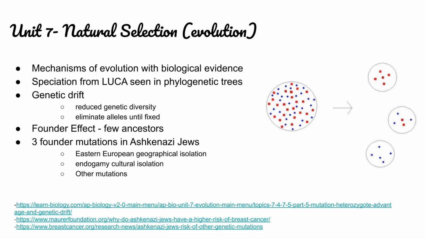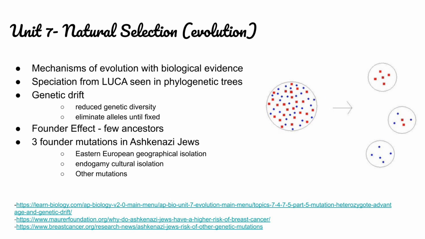There are 3 founder mutations in Ashkenazi Jews that are in the BRCA 1 and 2 alleles. And Ashkenazi Jews are Eastern European Jews who were more geographically isolated, and they also had endogamy, which means they married within themselves, and that's another cultural isolation factor, and that causes them to be more isolated and have reduced genetic diversity.